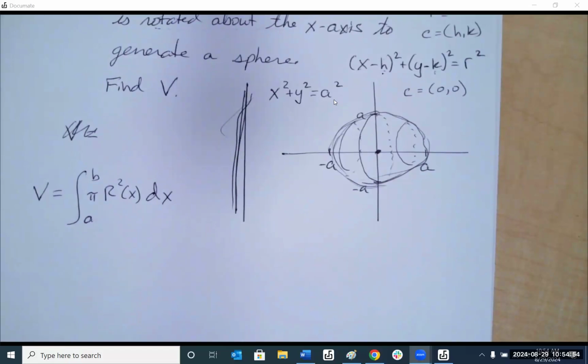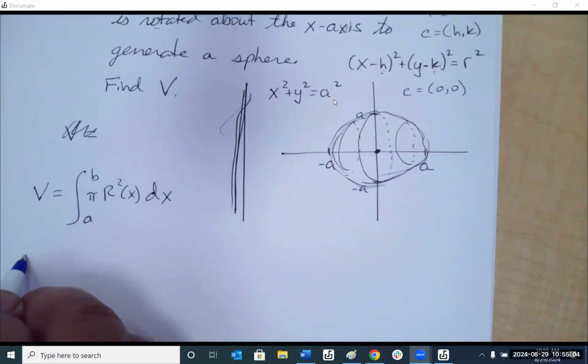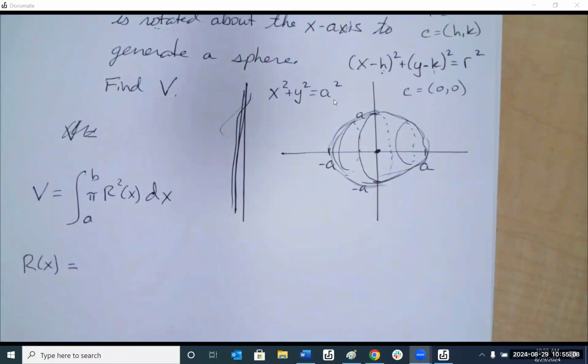How do we find our formula? We know what pi is. We have to figure out what r of x is. Since it's only two dimensions, it's r of x, which is the same as my y variable. So I've got to solve for y.